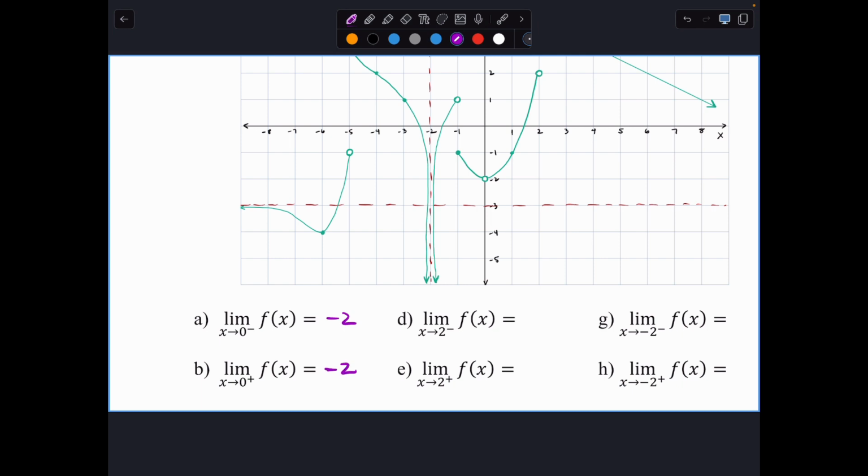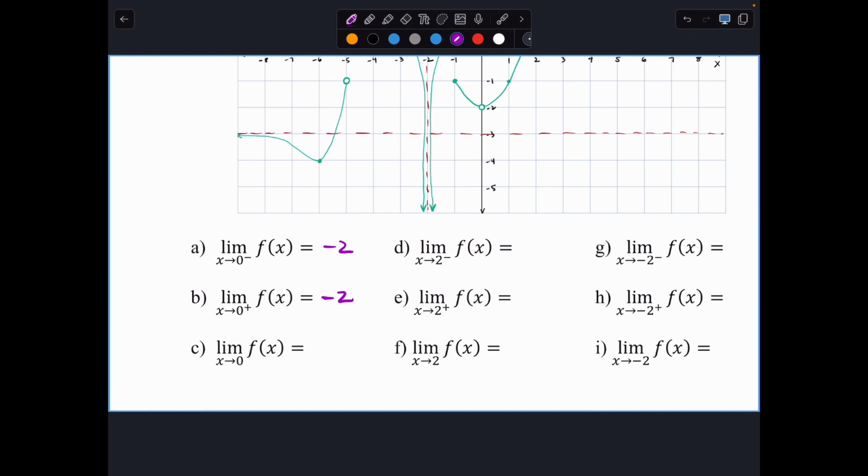You can look at the graph again to confirm that as x approaches 0 from the left and the right, the function is approaching -2. Since the left-handed and the right-handed limits both exist and they agree with each other, the two-sided limit therefore has to be equal to -2 as well.